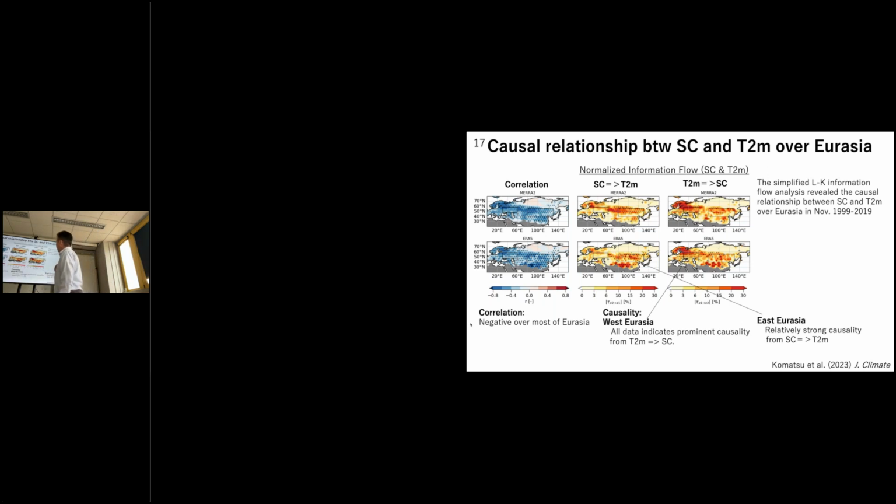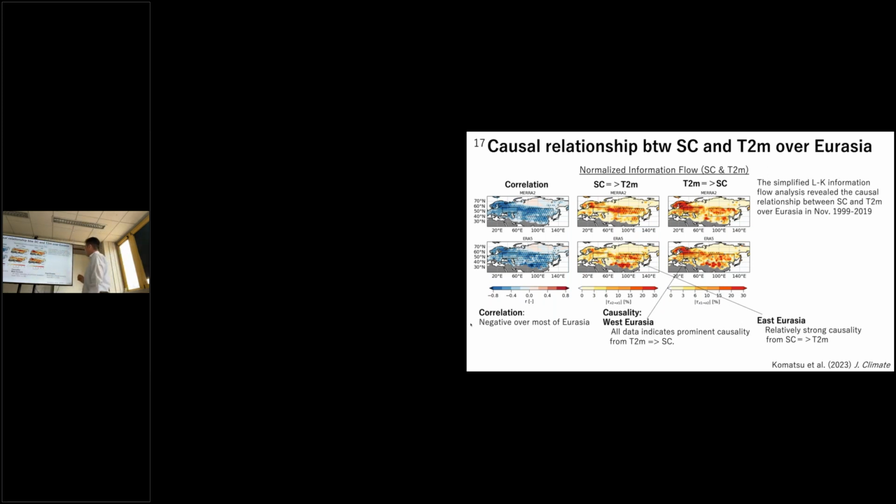Then we can notice that, for example, over the western part, West Eurasia, even when we look at two different analyses, MERRA-2 and ERA5, both data indicate a strong causality from 2-meter temperature to snow over the western part. See?